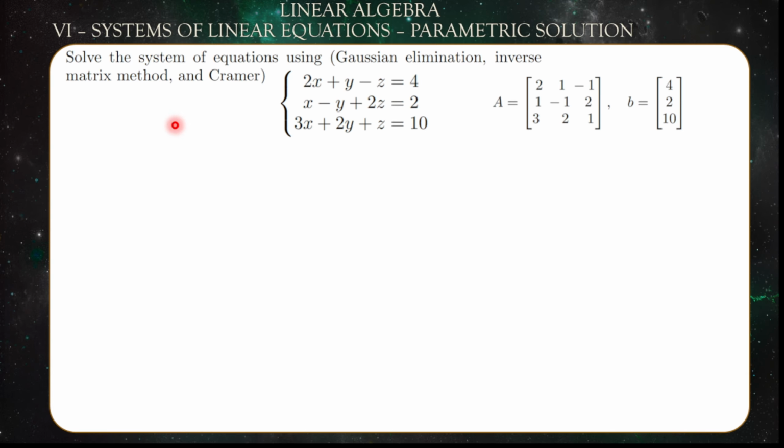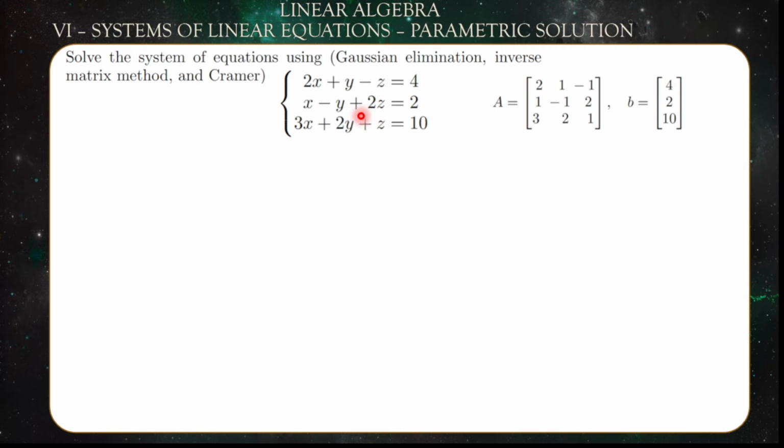Now let us resolve the same system using the Gaussian elimination method. Now, how to go about it? As a reminder, you place the A matrix, and here's how we break it down. So you have x, y, z, the system of variables. We already know that.